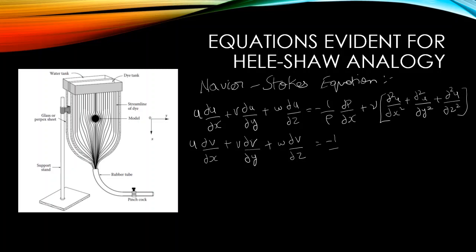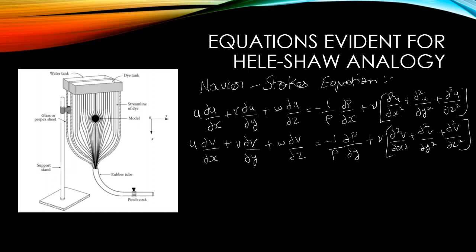And then minus 1 by rho dou p by dou y, since it is y momentum, differentiating with respect to y, and then kinematic viscosity times dou square v by dou x square, dou square v by dou y square, dou square v by dou z square, right?